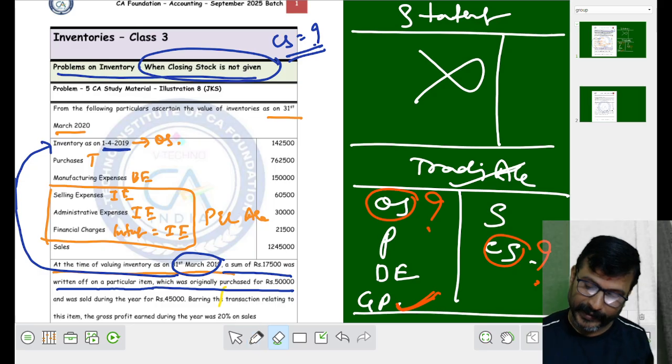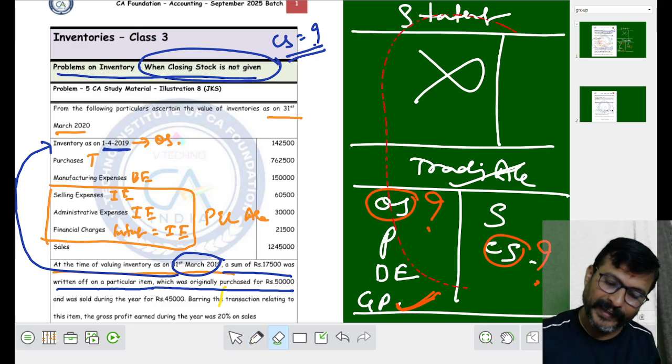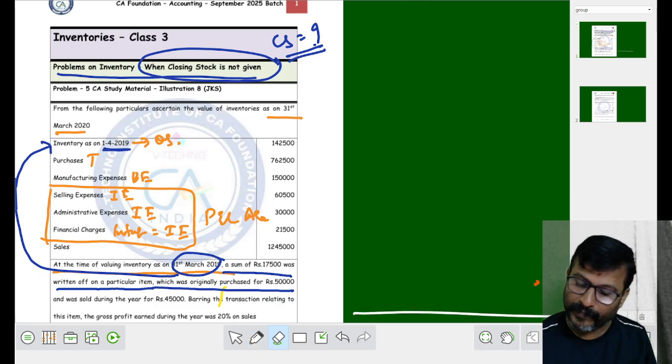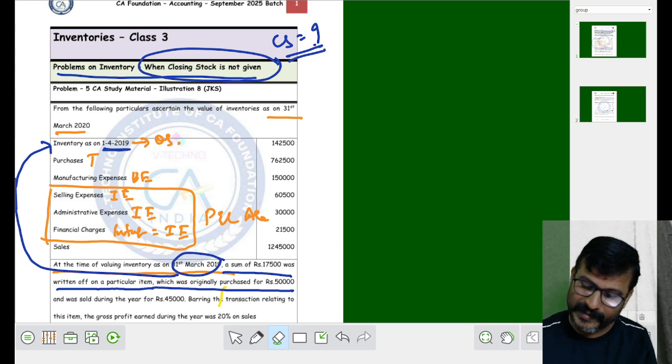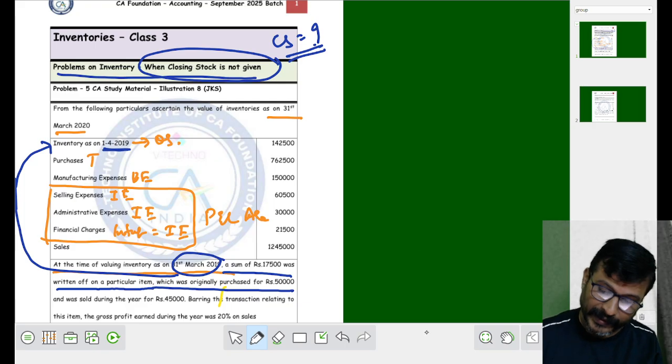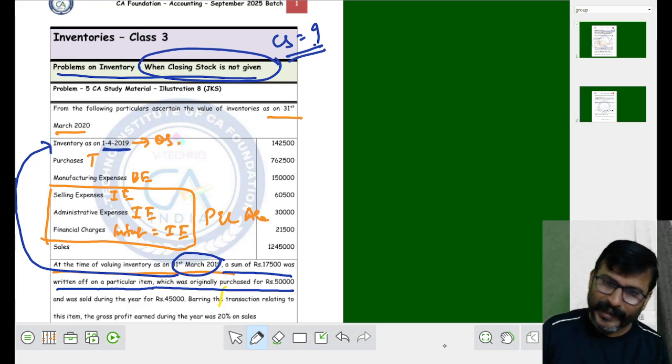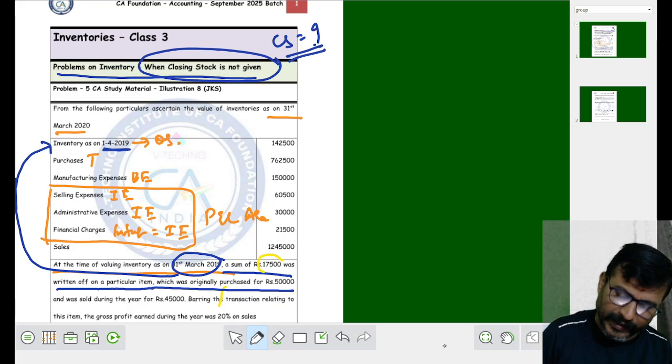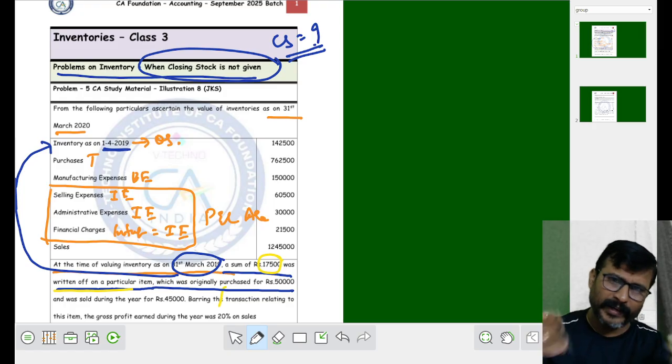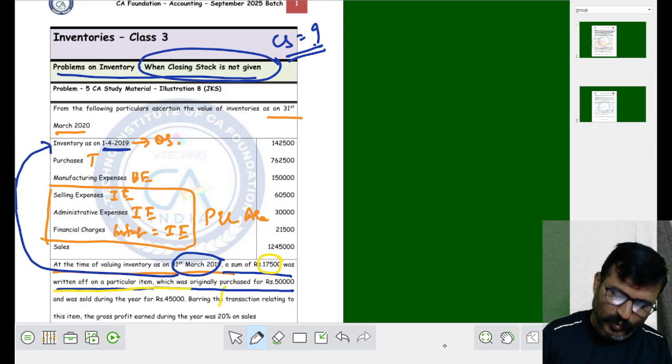See what happened here. I explain in detail. Please listen to me. What happened in this particular transaction? Opening inventory, a sum of 17,500 was written off, but it was originally purchased for 50,000.